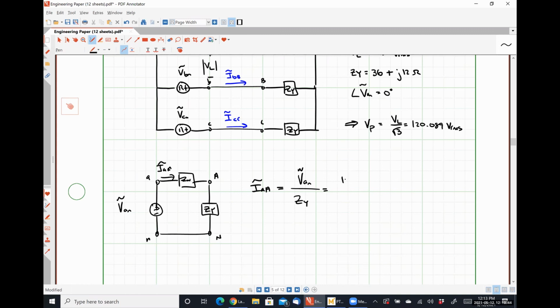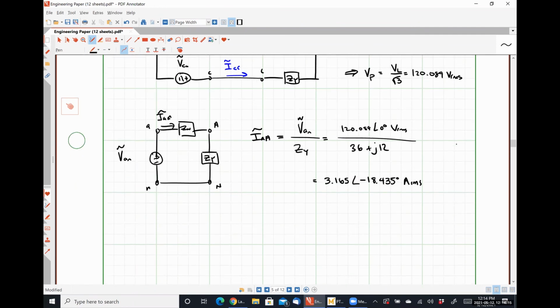So that would be 120.089 angle 0 degrees volts RMS, because we were told what the angle for the A phase was, divided by our line impedance, our Y impedance of 36 plus J12, which would give us a line current of 3.165 with an angle of negative 18.435 degrees amps RMS.